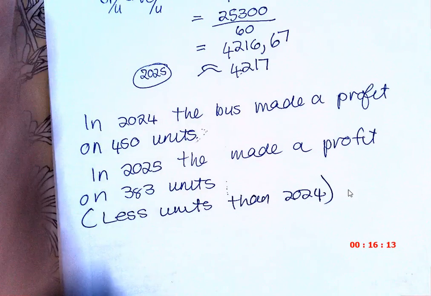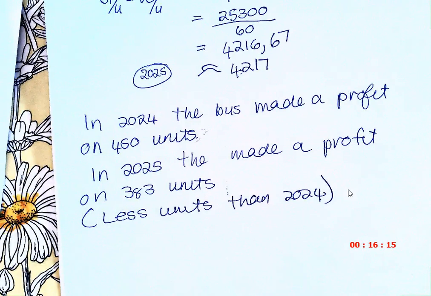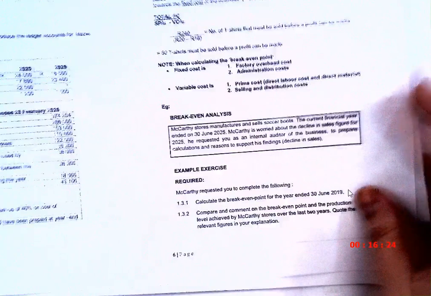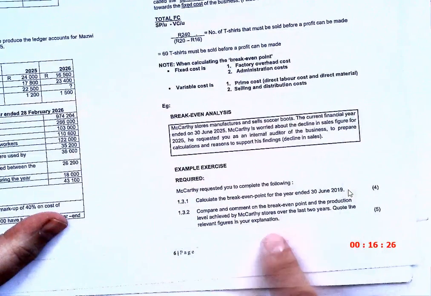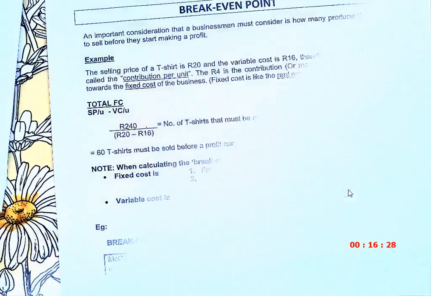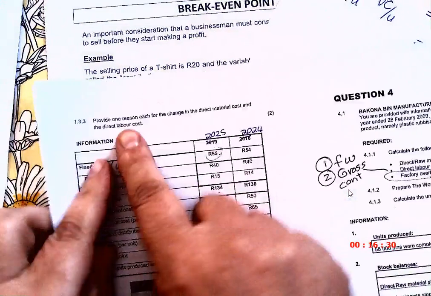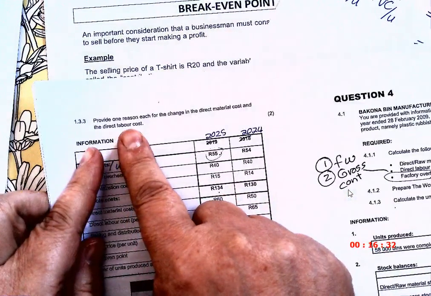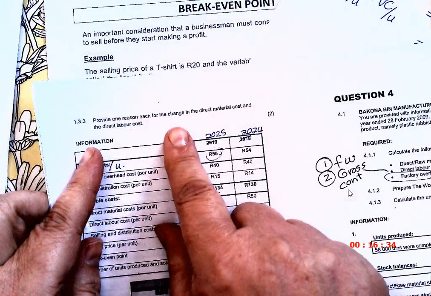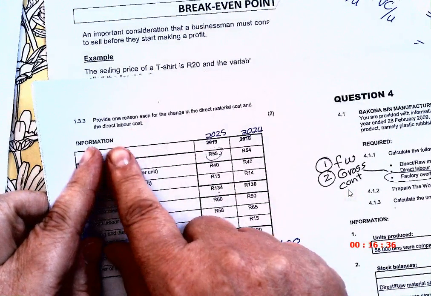Thank you, my angel. Provide one reason. I'm at the wrong page. Okay. So now they say compare, quote the relevant. Oh, because I didn't turn the page. Okay. Provide one reason each for the change in the direct material and the direct labor.